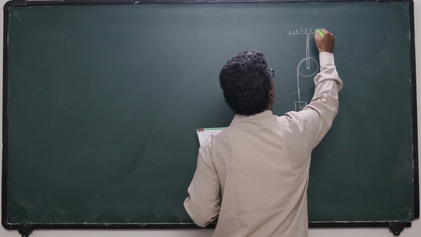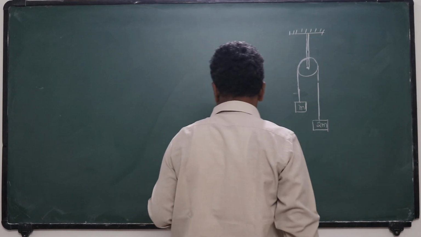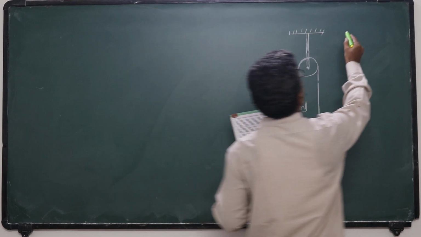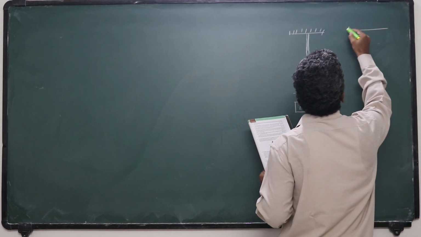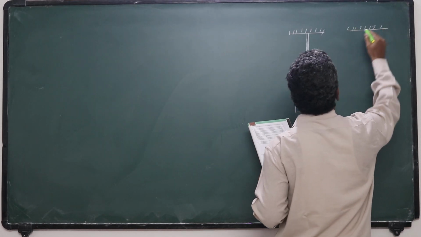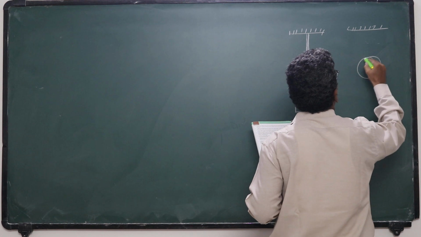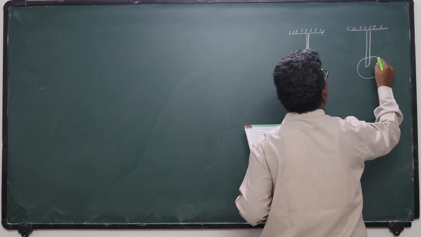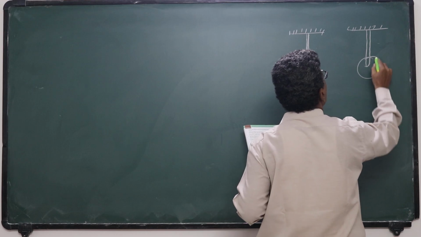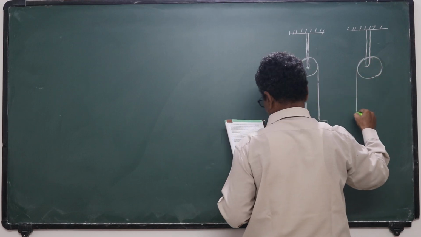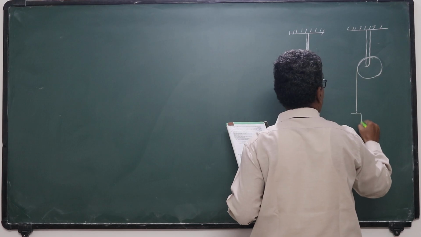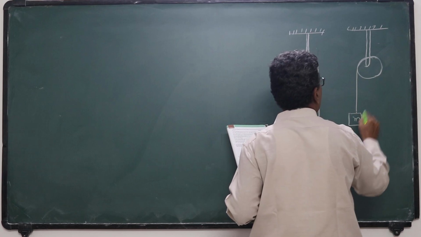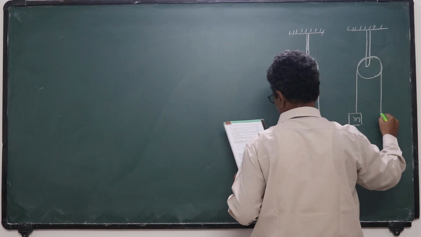So this is the roof, and in this case there is another pulley. So there is a mass m here that is passed over the pulley.